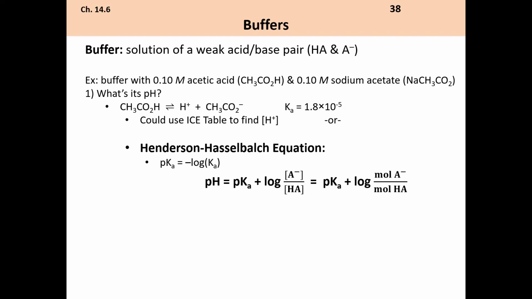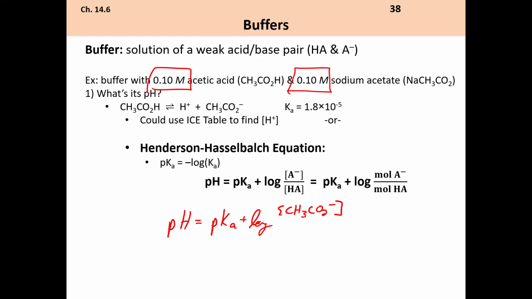All right, so in this case, I can figure out the pH. It equals pKa. I'm given molarities, so I'm going to use molarities, plus log of the acetate over the acetic acid.